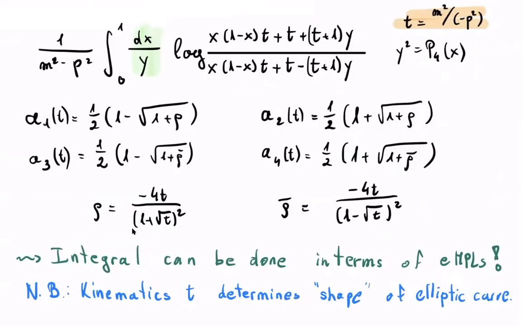And the last comment I want to make for today is that you see this variable t left over. And that is actually the kinematic variable, the square of p squared. This t appears here in these roots, and these roots appear in the branch points.